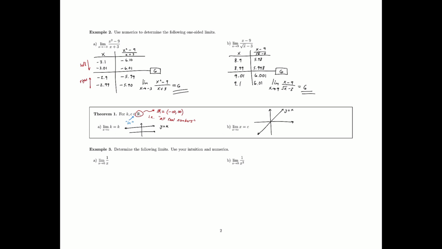I had a professor at one point describe it to me as f of x equals x is just the idiot function. You just plug in whatever you want and it just repeats right back what you said to it. Plug in 2, spits out 2. Plug in 3, spits out 3. So it's no surprise that if we take the limit of x as x goes to c, the limit's just going to be c.